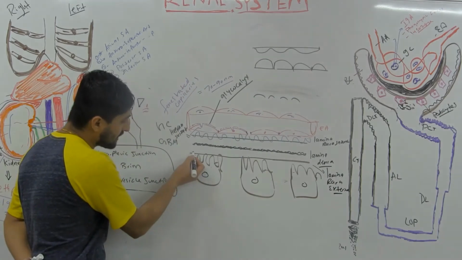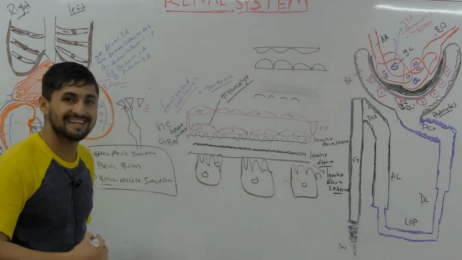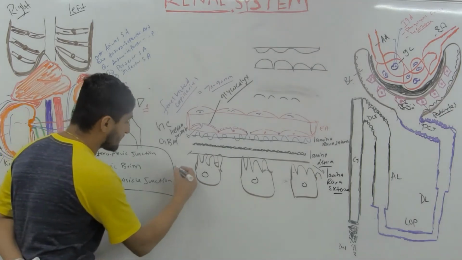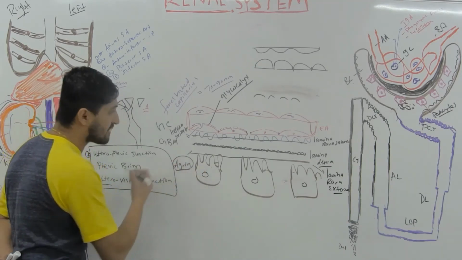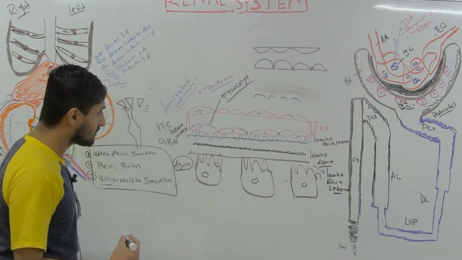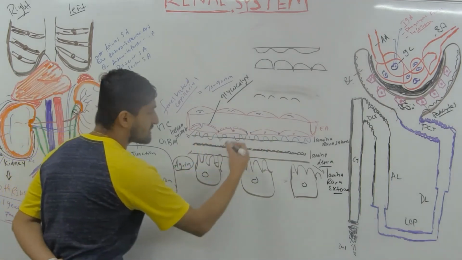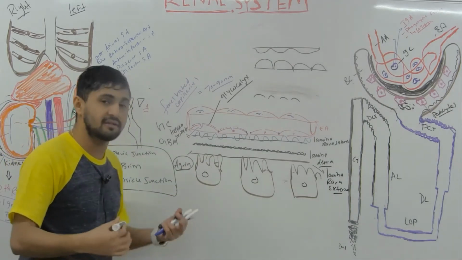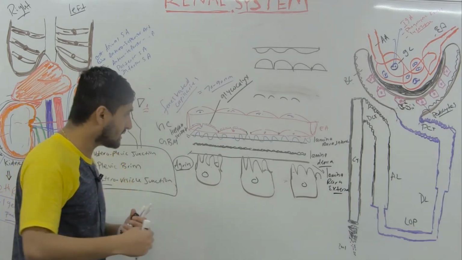Even in the lamina densa and lamina rara externa, there is also this heparan sulfate, which is negatively charged. They also have other things called proteoglycans, for example agrin. Proteoglycan, heparan sulfate, agrin, these are proteoglycans. They have basement membranes full of fibronectins. All these sugars and proteins provide the negative charge, so that protein does not get excreted out from the kidney, because we need protein in our body.